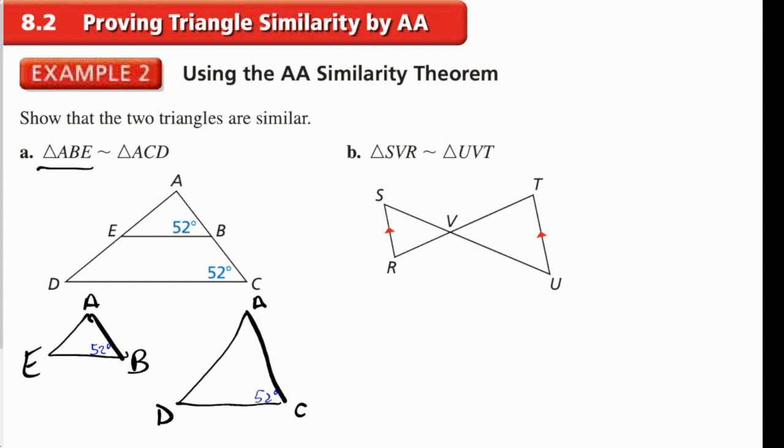And what I did was I drew these two triangles out separately, and that is to illustrate that both of these contain angle A. So we know that angle A is congruent to angle A by the reflexive property.